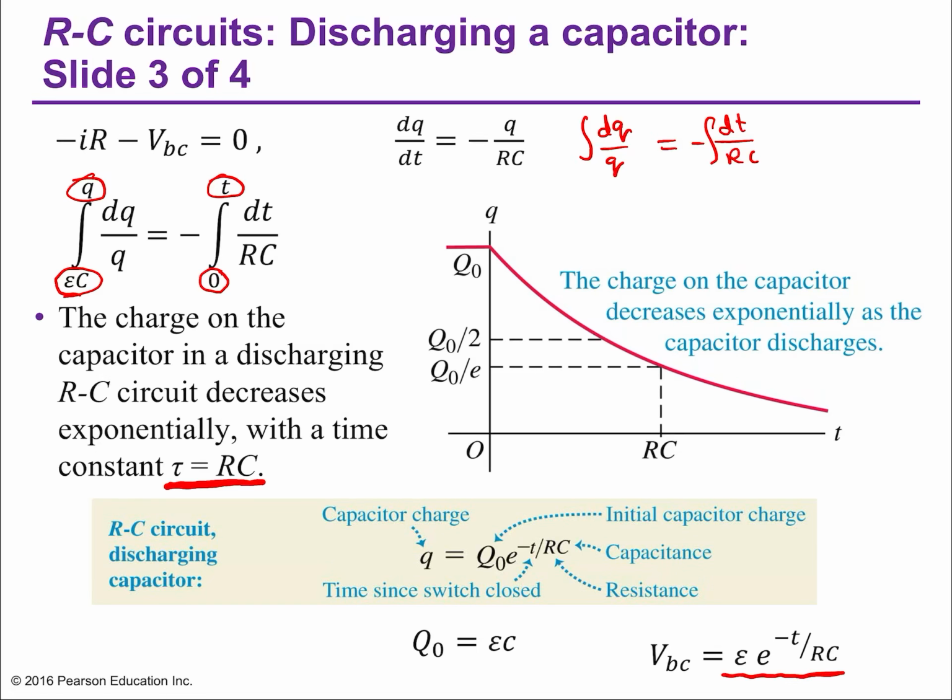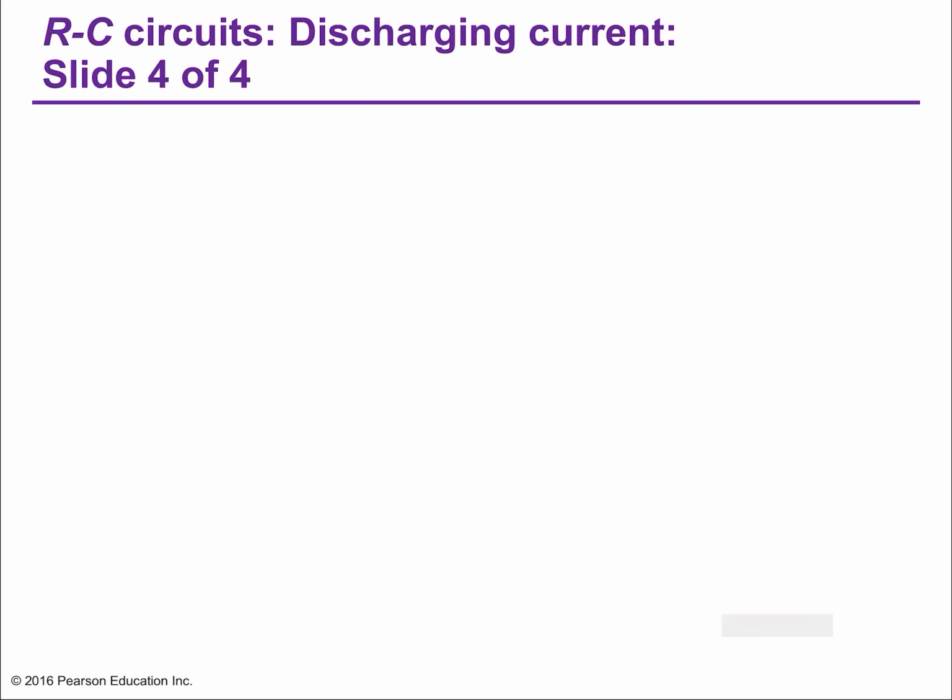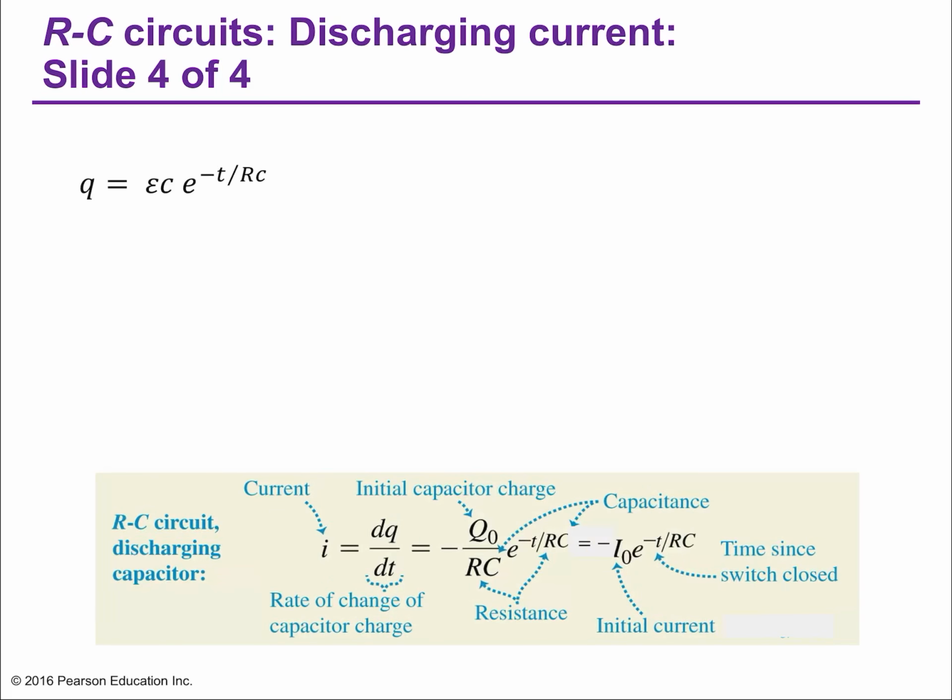Next thing to do is to take a look at the discharging current. We start with our equation for charge and differentiate it with respect to time. So dq by dt comes straight from the differentiation, and it is equal to the same expression we had for charging, but this time we have a negative sign.